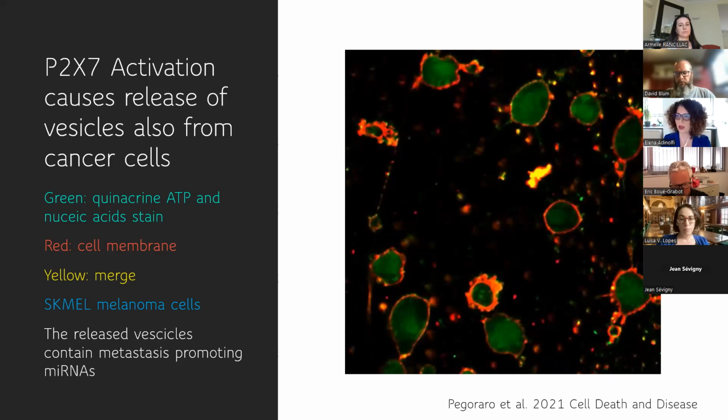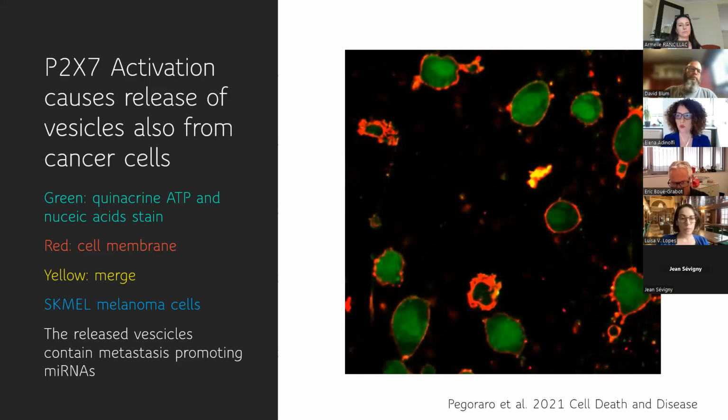So the following characterization we performed was to demonstrate that some of these nucleic acids are microRNAs, which are important in cancer, and are also metastasis-promoting microRNAs.